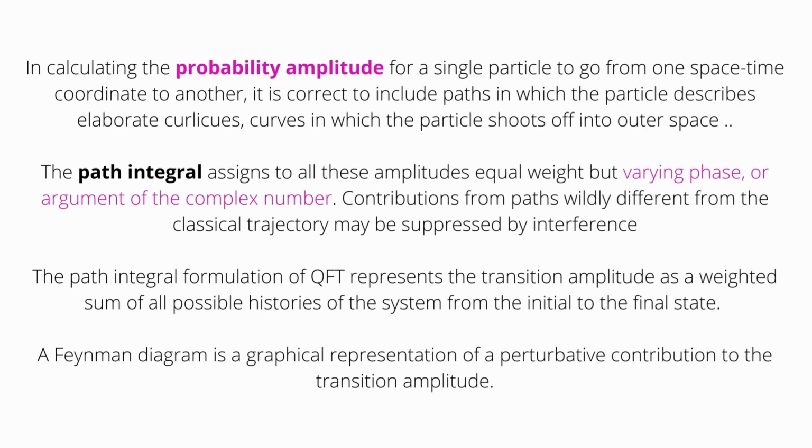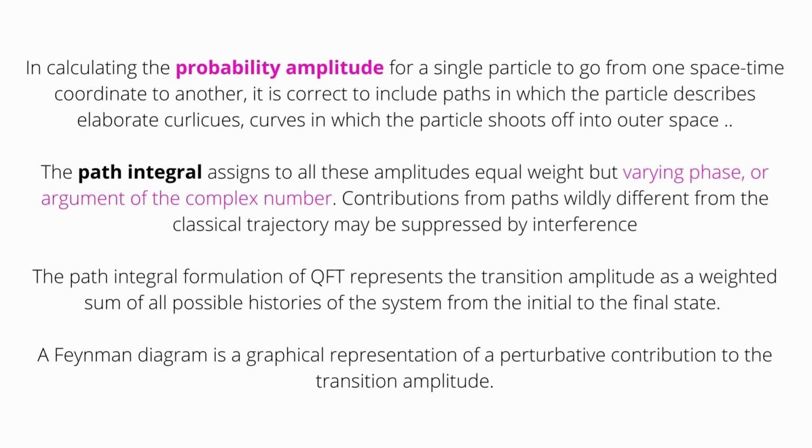Now, the path integral assigns to all the amplitudes equal weights with a varying phase, or the argument of a complex number, and a contribution from paths widely different from the classical trajectory might be suppressed by interference, but the path integral formulation of the quantum field theory represents a transition amplitude as a weighted sum of all possible histories of the system from the initial state to the final state.